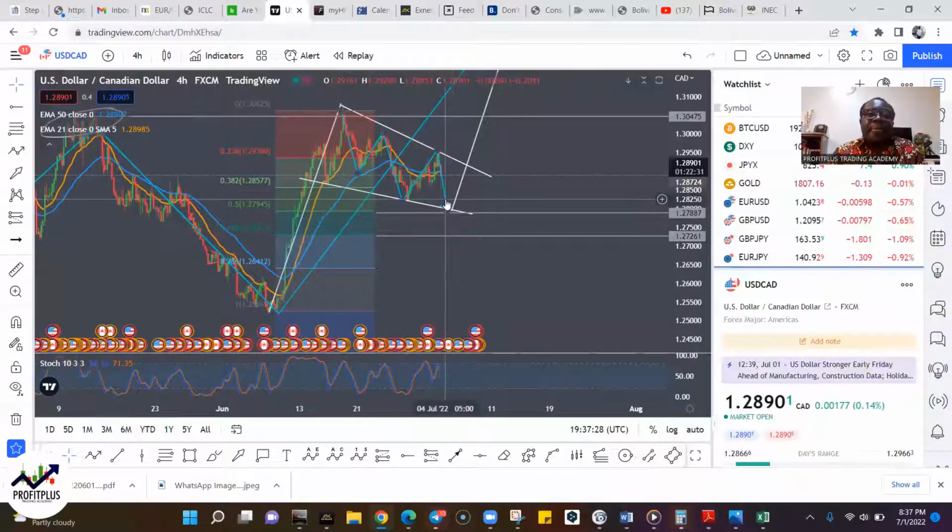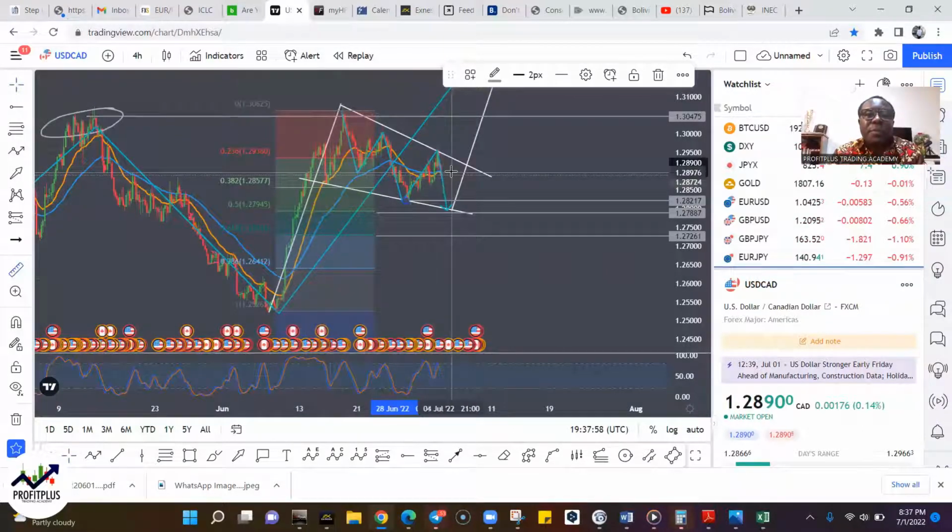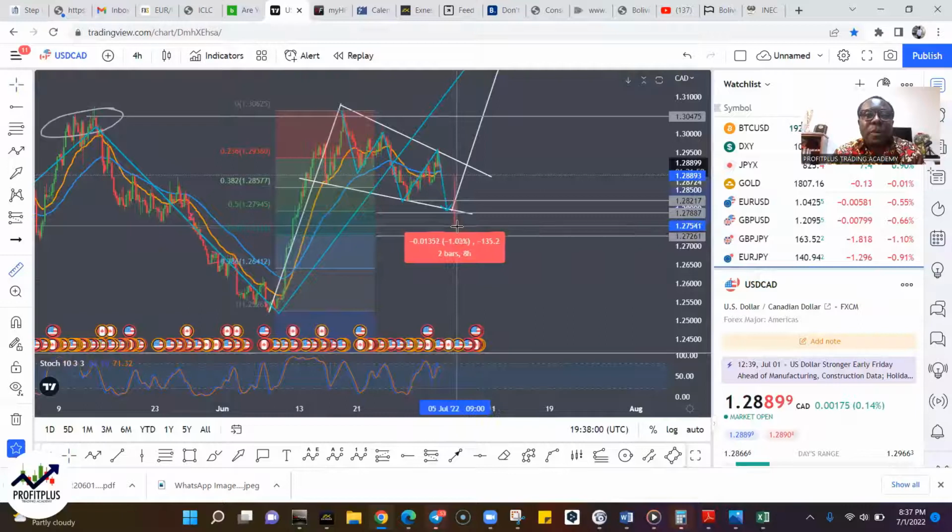So we can see that the price for the USD CAD is expected in the near term to be bearish. At this point, there's a low here, though we're expecting it to happen around this area. So between this low and this low, we're expecting this price to push down, and that is a potential of about 130 pips.